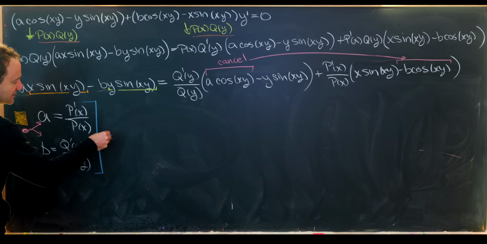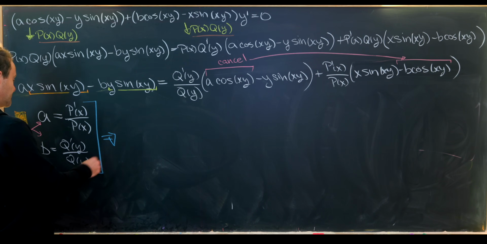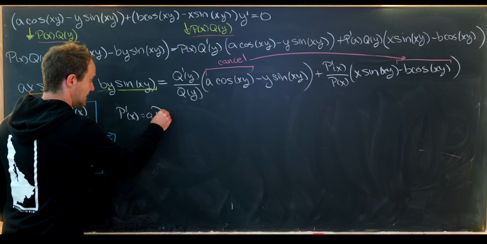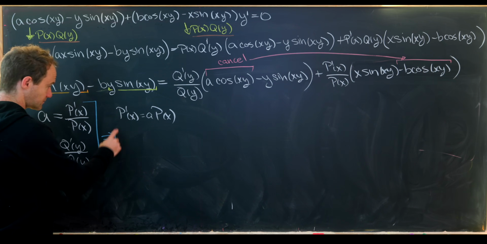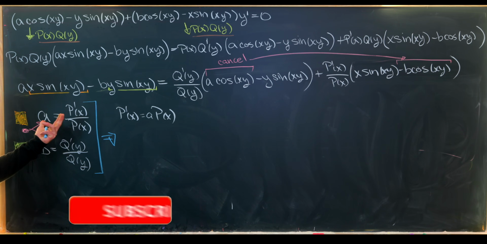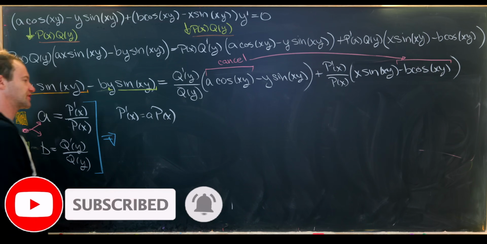Okay, so now let's solve these two little baby differential equations for p and q. So this gives us p prime of x equals a times p of x. But what kind of function do we have where we take its derivative and we get a multiple of it? Well, this is a fairly intense differential equation, so perhaps you've already seen it.